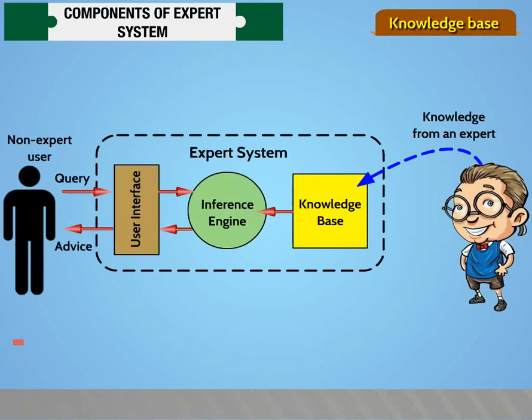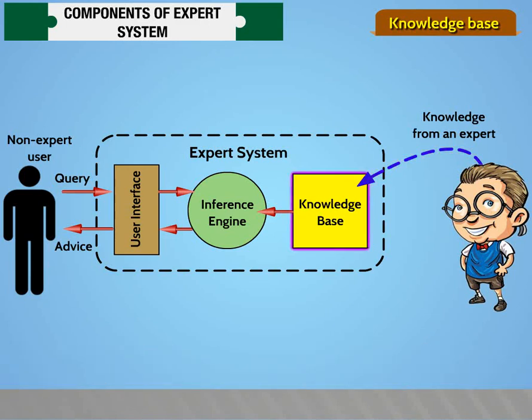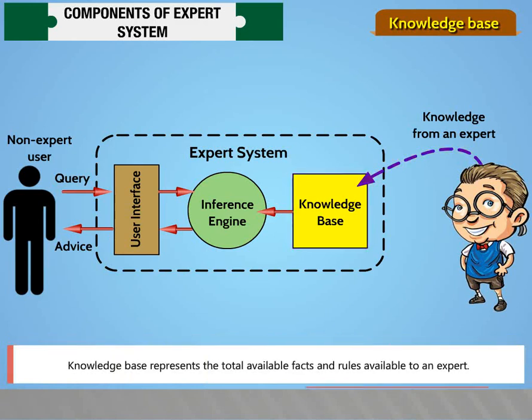Knowledge base. The main component of expert system is a knowledge base consisting of special facts about the expert area and the rules which the ES would use based on those facts to make decisions. Knowledge base represents the total available facts and rules available to an expert.